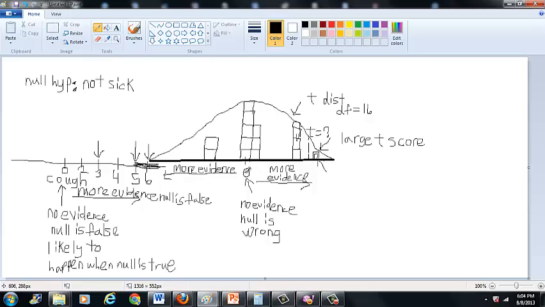And if you get an outcome far in the tails, far from 0, you have an outcome that's unlikely to happen in that hypothetical situation where the null is true, and it lets you reject the null hypothesis.